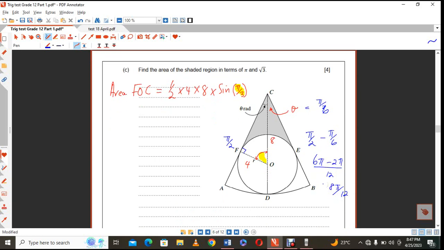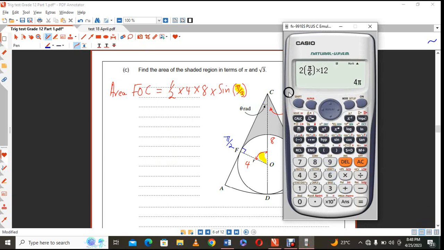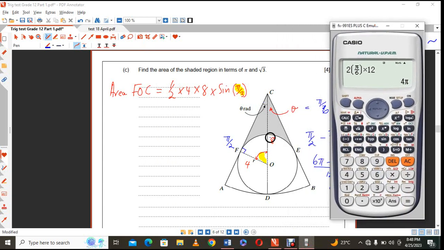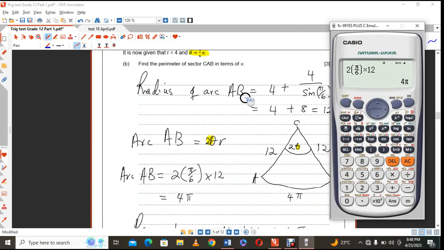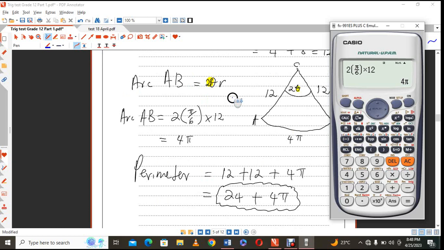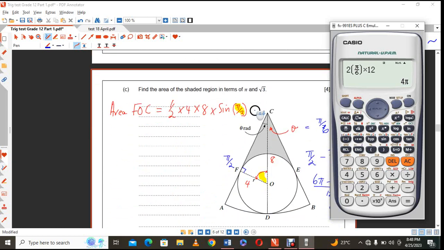Okay, just make sure that we are on the right path. Let's bring in our calculator. So I'm looking for this particular angle over there, and our theta from before is pi upon 6. All right, theta is pi upon 6.